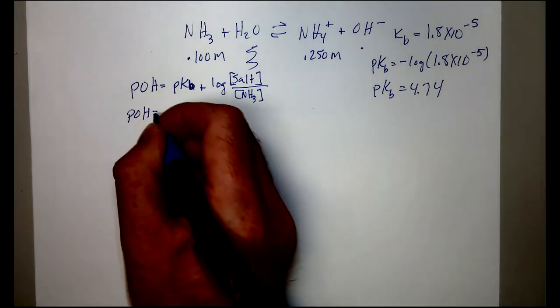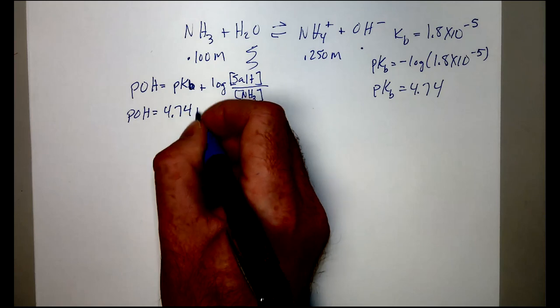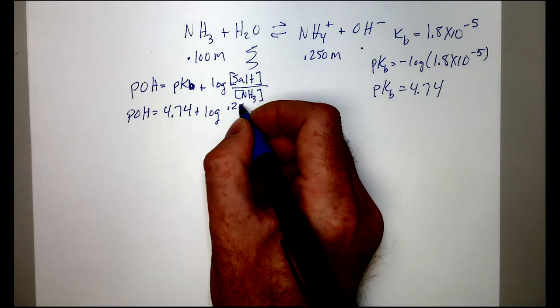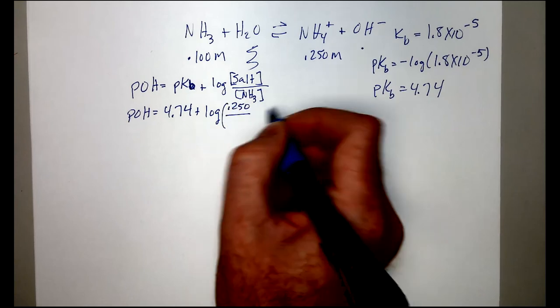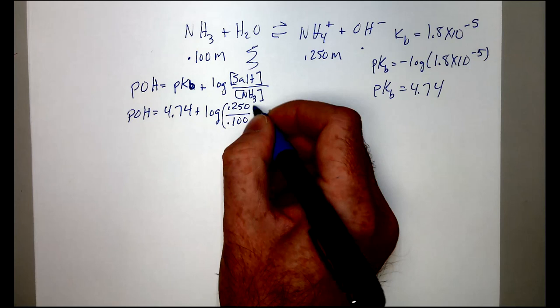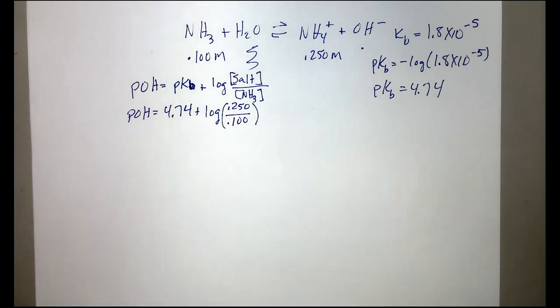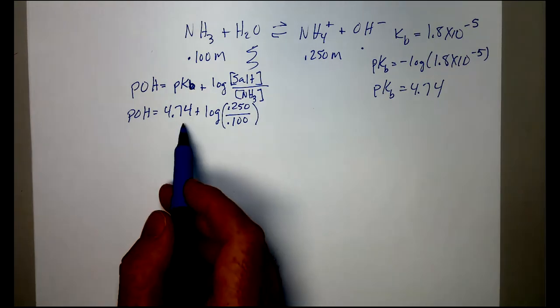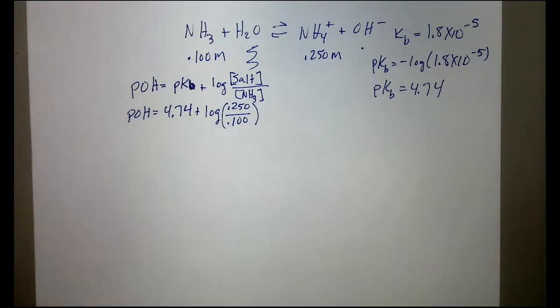So pOH is equal to 4.74 plus the log of 0.250 divided by 0.100. So you're going to have to run that through your calculator, and it'll be close to the pKb of 4.74, but not exactly the same. So 0.25 divided by 0.1, log base 10, not log base e, and then add the pKb.